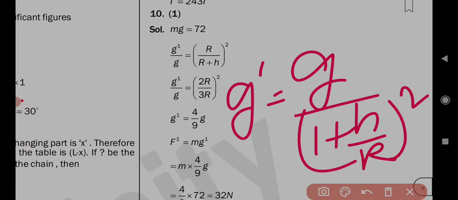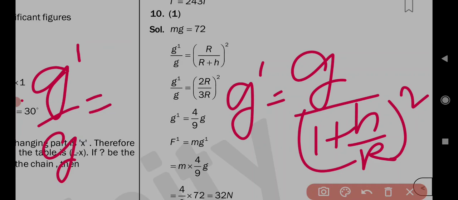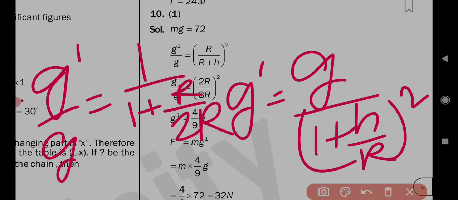So g dash by g, writing very big. Okay, my tab is small. So this will be 1 by 1 plus h by R whole square, with h being half of the radius of the earth, R by 2R whole square.